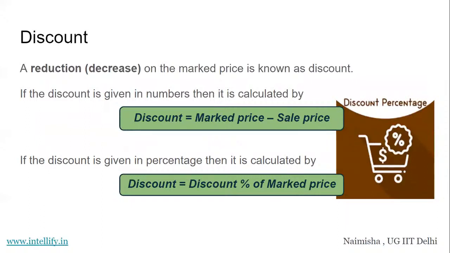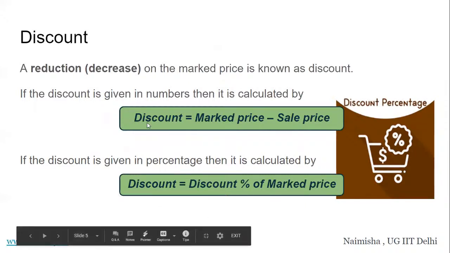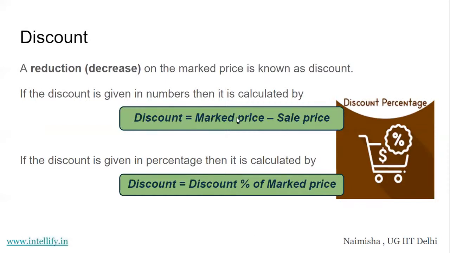Now let's consider discount. A reduction or decrease on market price is known as discount. If the discount is given in numbers, then it is calculated by discount equals marked price minus sale price.